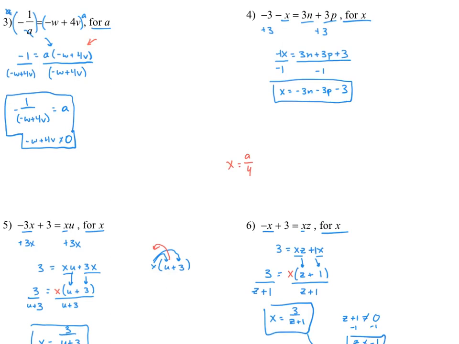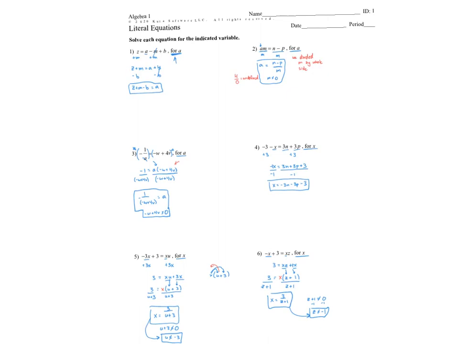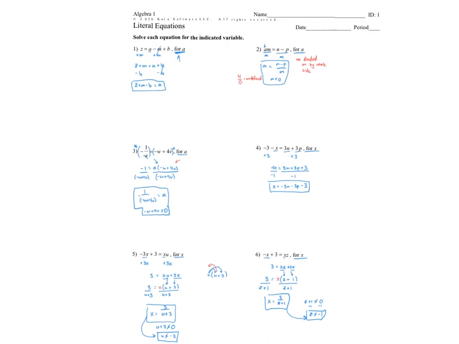So there's no way this denominator can ever equal 0. So this would just be your answer in that case. The only time you have to announce what the denominator can't be is if you have a variable in your denominator. All right, so that's number 1. Your denominator cannot be 0.